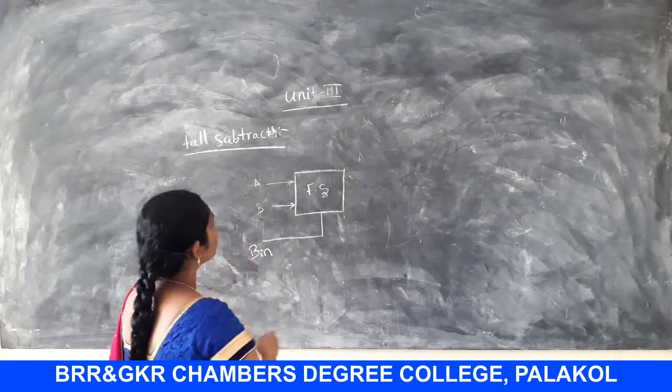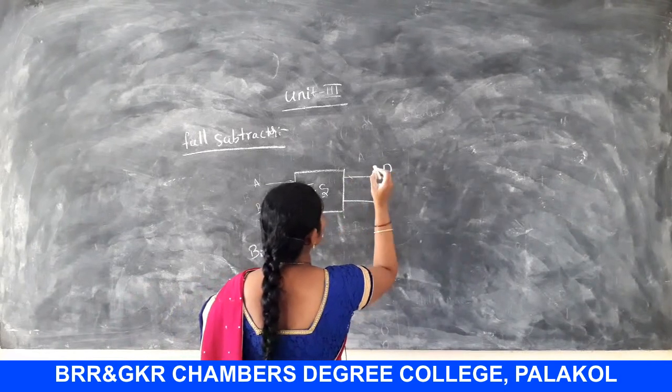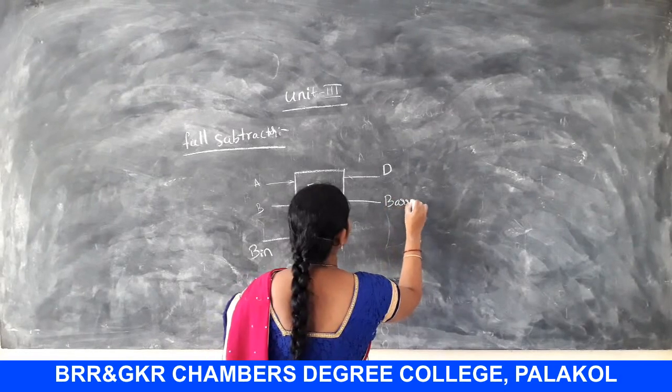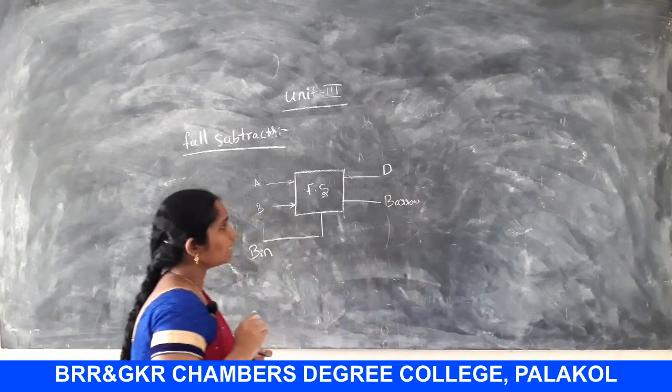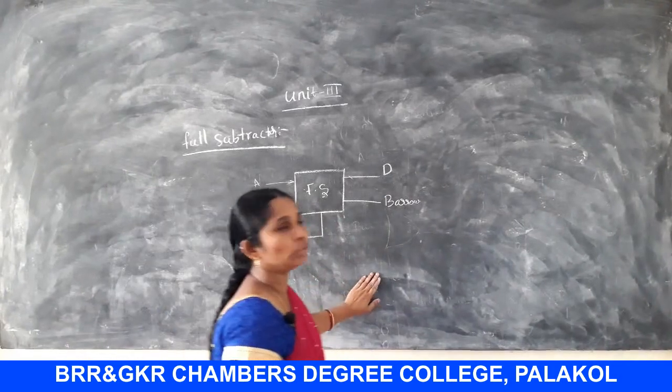Next, it produces 2 outputs, those are the difference and borrow. Now we will draw the truth table.